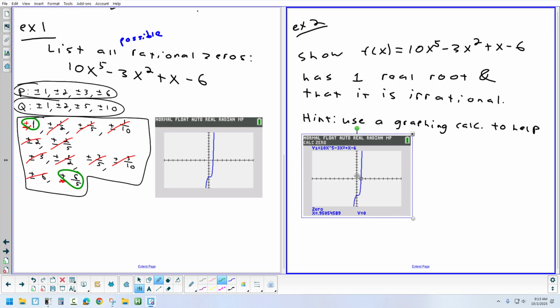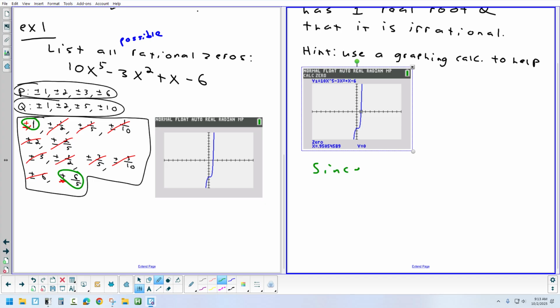The key is that it is not in the list of fractions here. 0.9505 is definitely not positive 1, and it's definitely not 1.2. Those are the only two that even seemed reasonable, and it's neither one of them. So if you have a number, and it's not in the list of possible rational options, the only other choice is that it's not rational. It must be an irrational number, right?